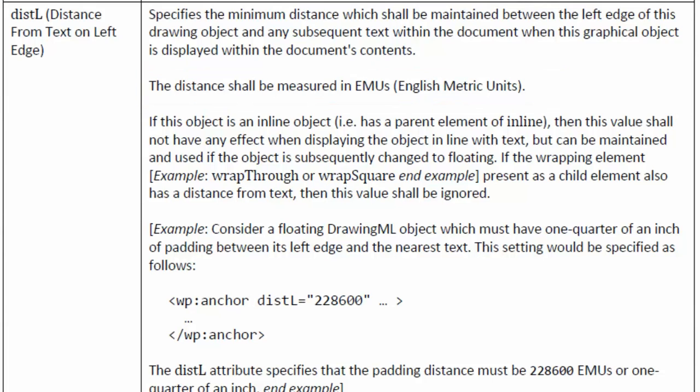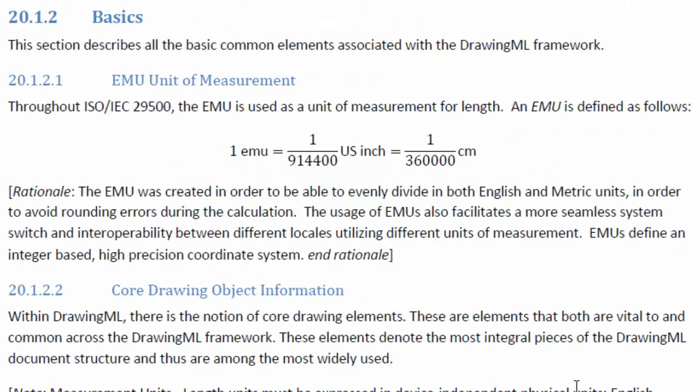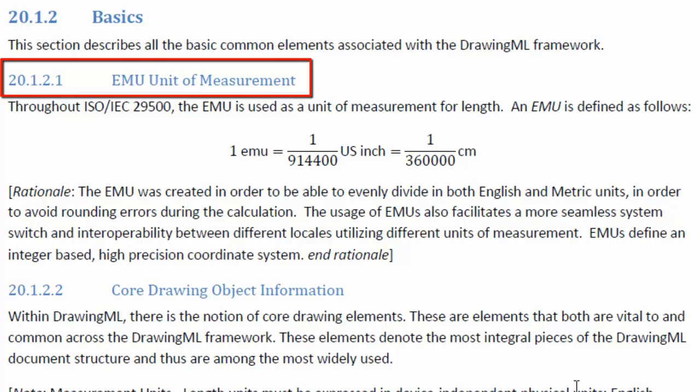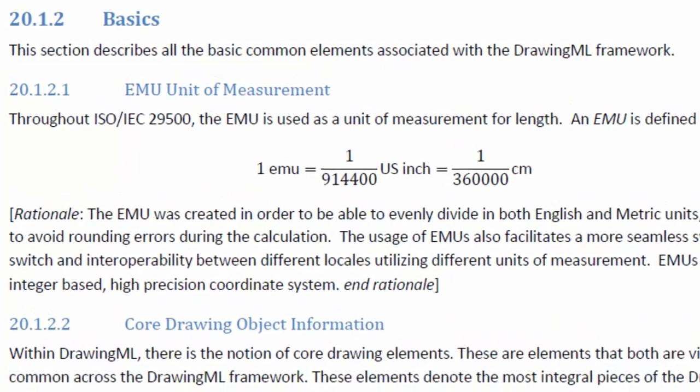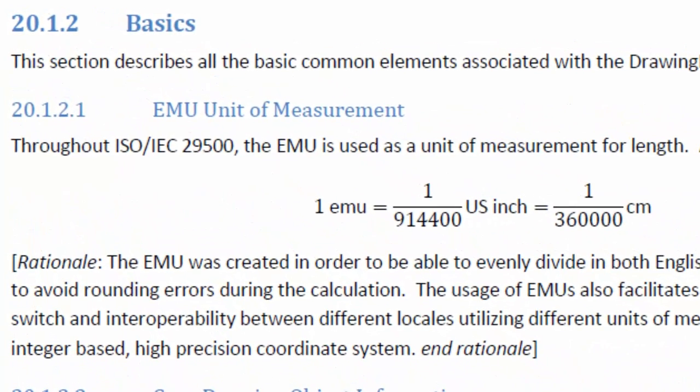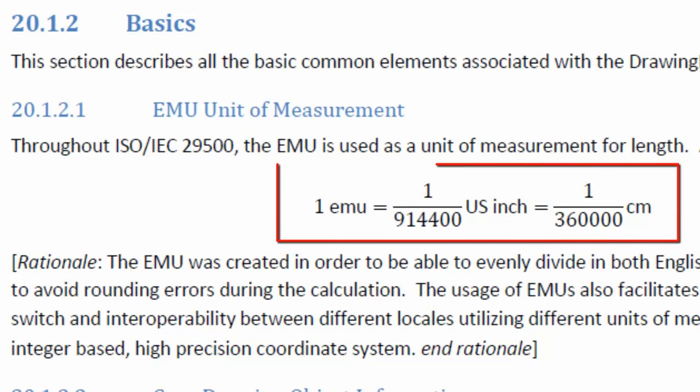So what are these emus? If we go to section 20.1.2.1 in part 1 of the OpenXML Standard, we can see that the emu is a unit of measurement for length, and it's defined as 1/914,400th of an inch and 1/360,000th of a centimeter.